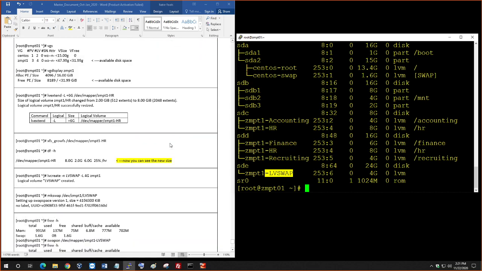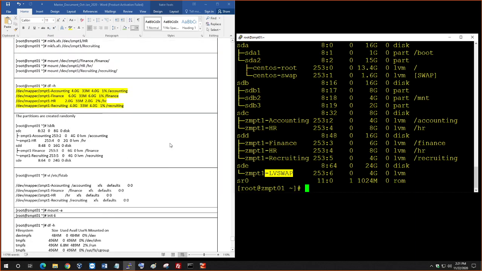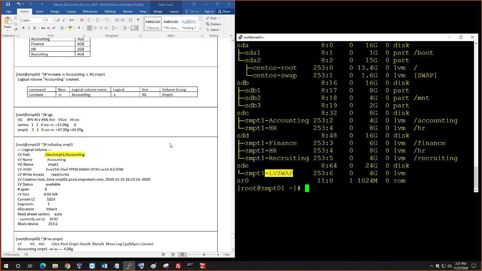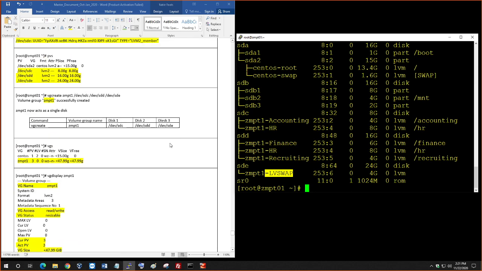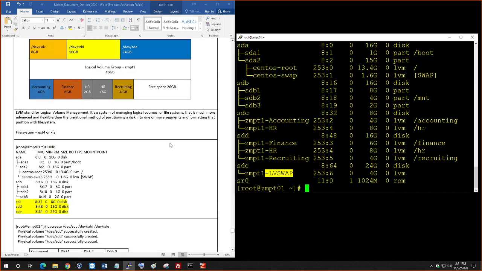So now what I'm going to do is, we added a third drive, right?